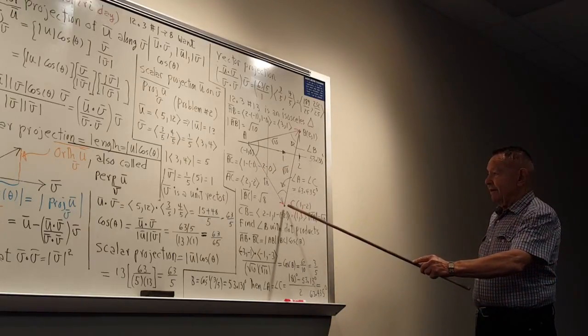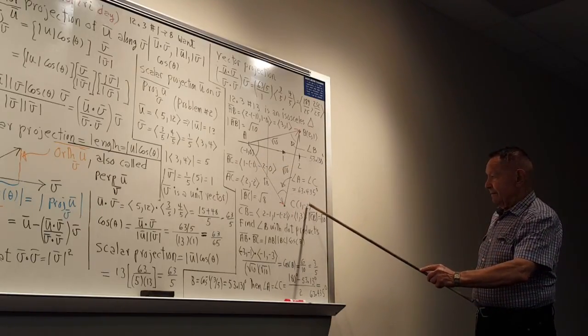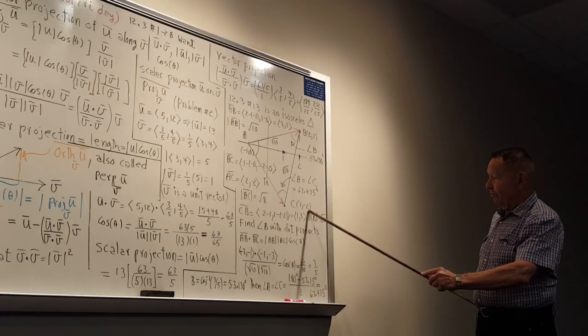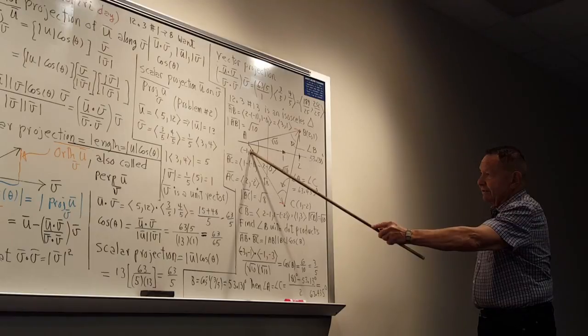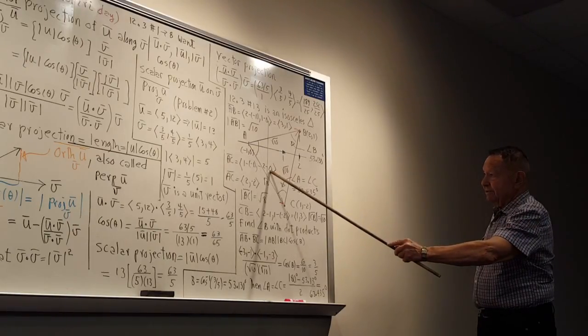And for your second component, you take the second coordinate here, the minus 2, minus the second coordinate there, so minus 0.